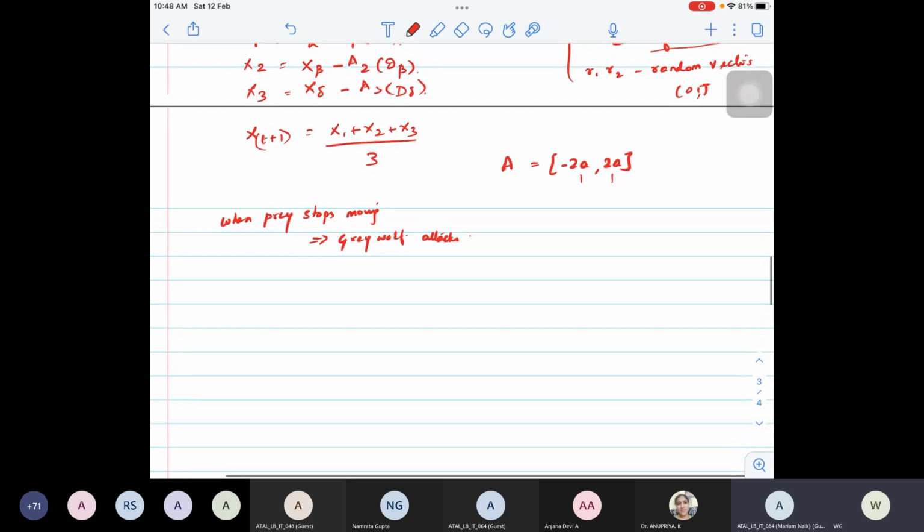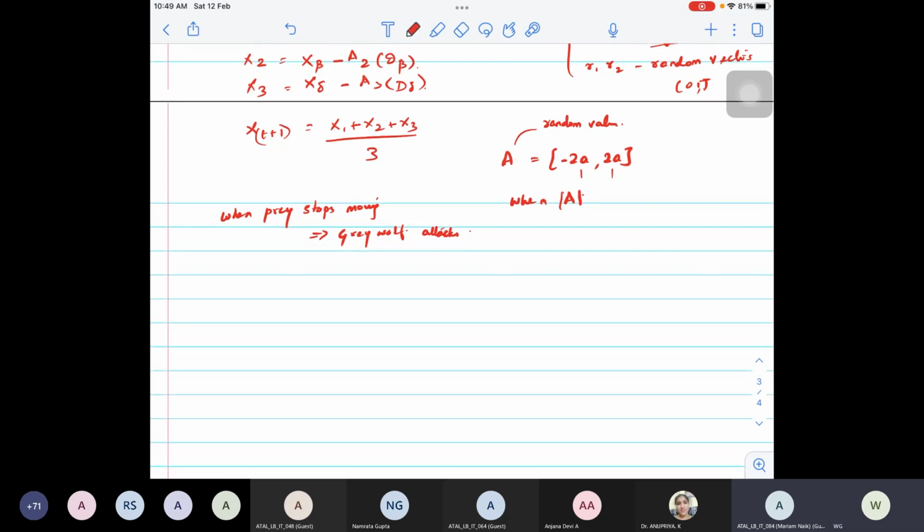So when the mod of A is less than 1, then the wolves attack towards the prey. This shows the exploitation.